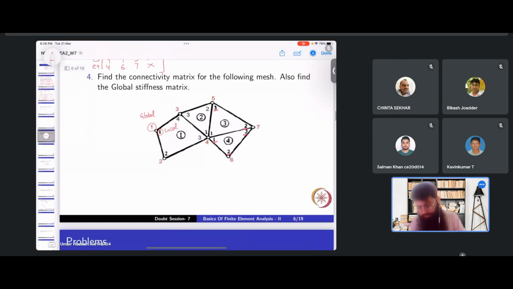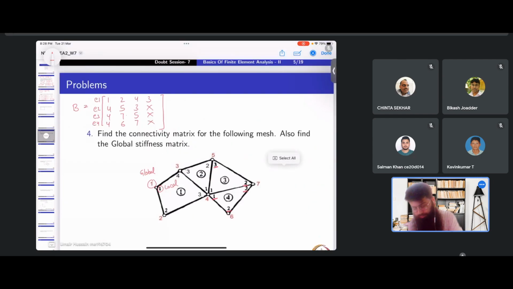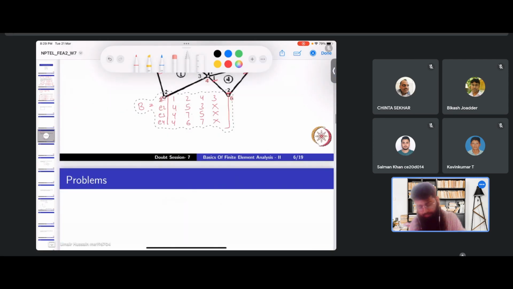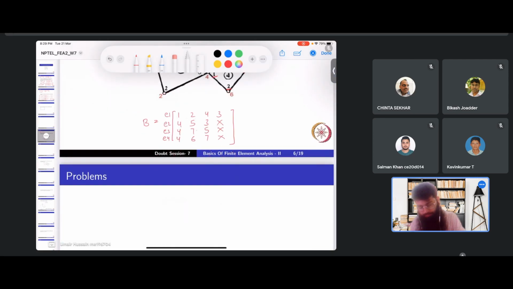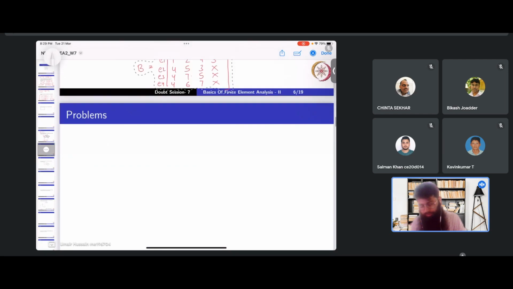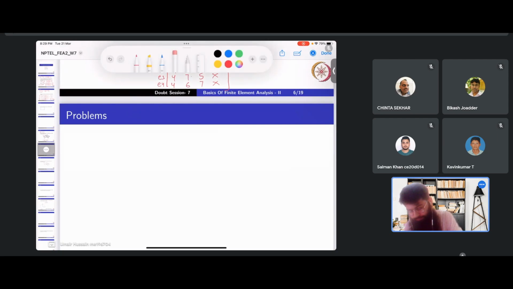Now we want to write the stiffness matrix.